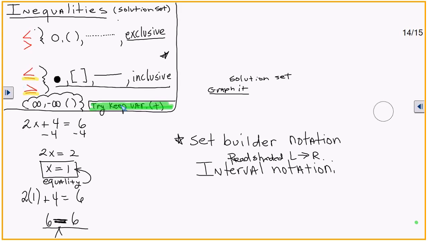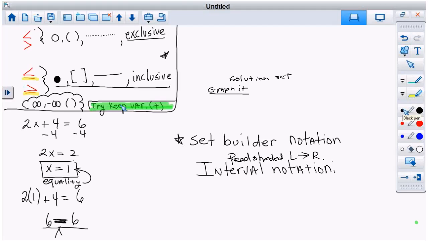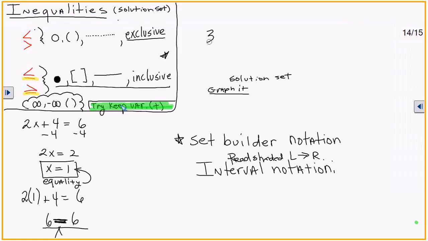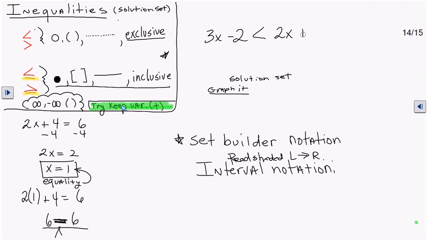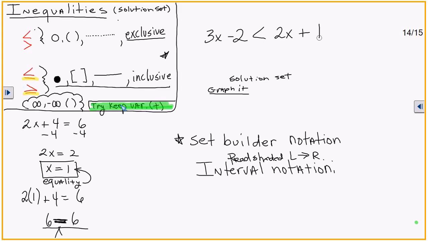Okay, so now I'm going to do 3x minus 2 and 2x plus 1. There you go.